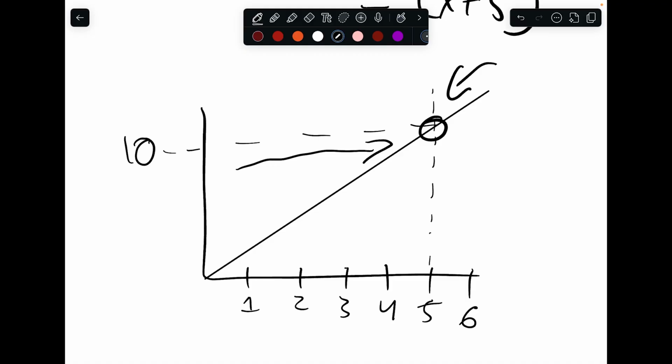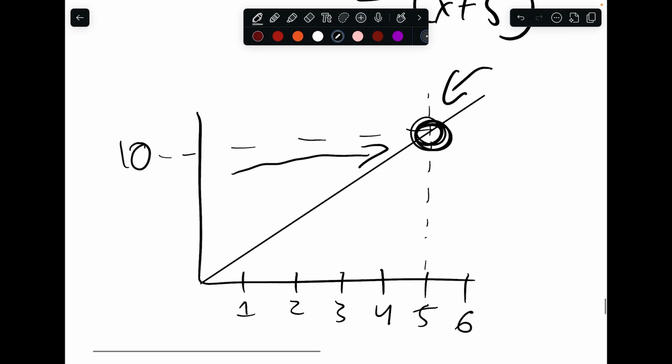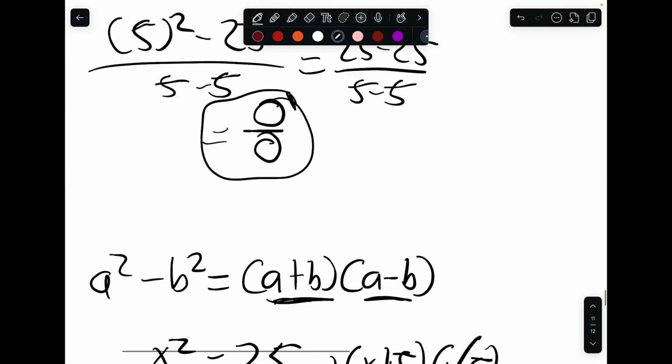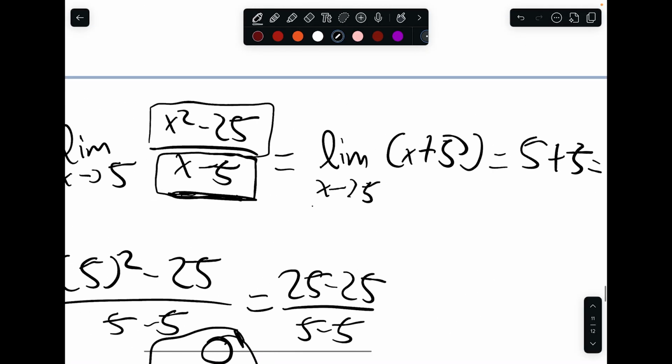Even though the value 10 isn't in the function, the limit still exists because we're approaching 10, and that's the definition of a limit. It's just what value a function approaches. So that's why we can simply cancel out this denominator and just rewrite this as a limit as x approaches 5 of x plus 5.